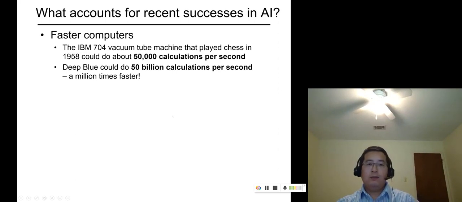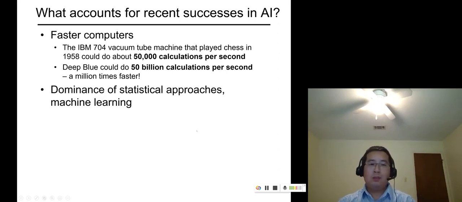And then we have a more solid foundation. We use math. So mainly they're based on the statistics approach, using machine learning. Even our deep learning, our neural networks, are also based on statistical learning.